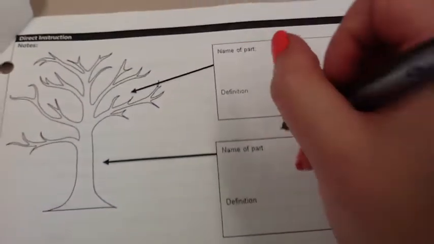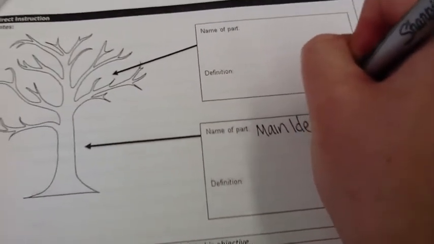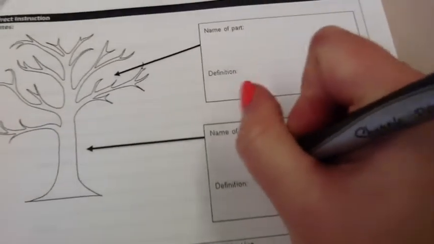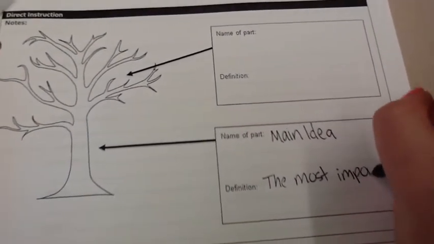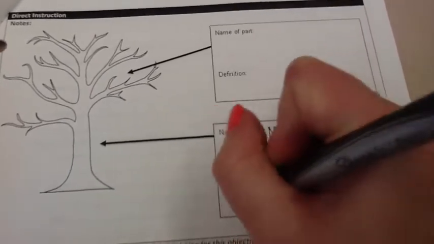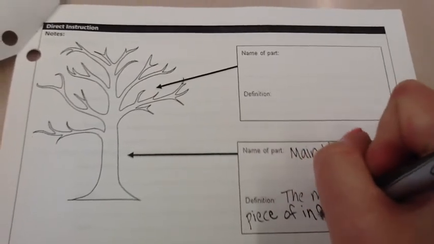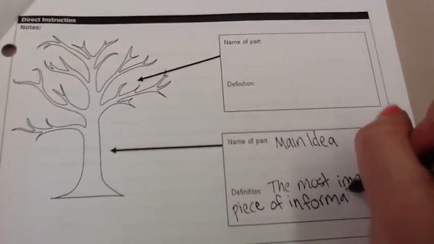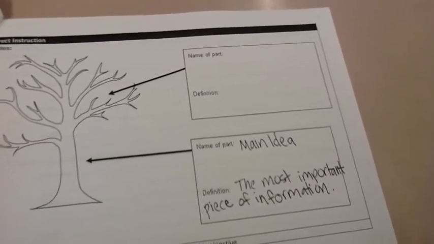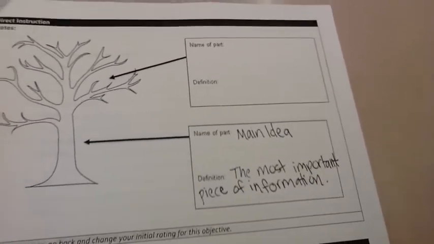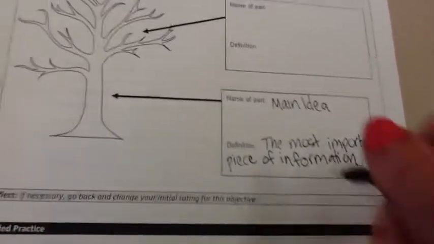So the trunk we just talked about is the main idea. And the definition is the most important piece of information. Or you could say the most important part of the story. Okay? Because the most important piece of information could be confused with just being a detail, but we want the biggest idea. I'm going to add that.